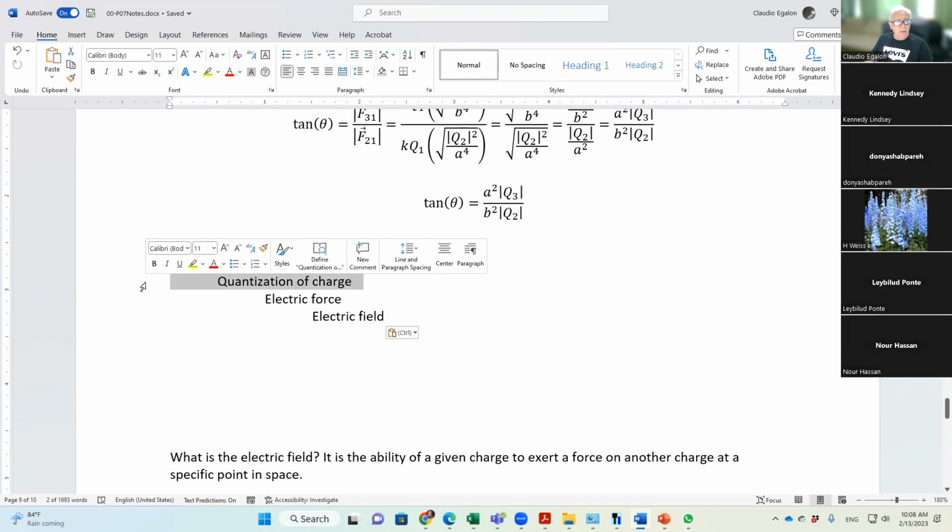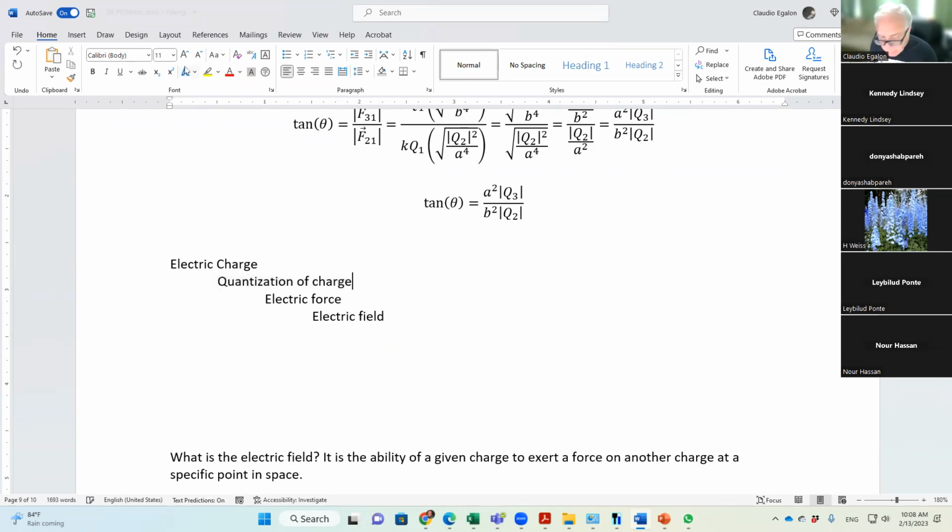What else do we have to know about this chapter? We have to know about the quantization of charge as well. Objects are charged according to an integer number of the charge of the electron, right? That's 1e. In nature, you're only going to find objects that have charges like 1e, 2e, 3e, and here you go, ne.